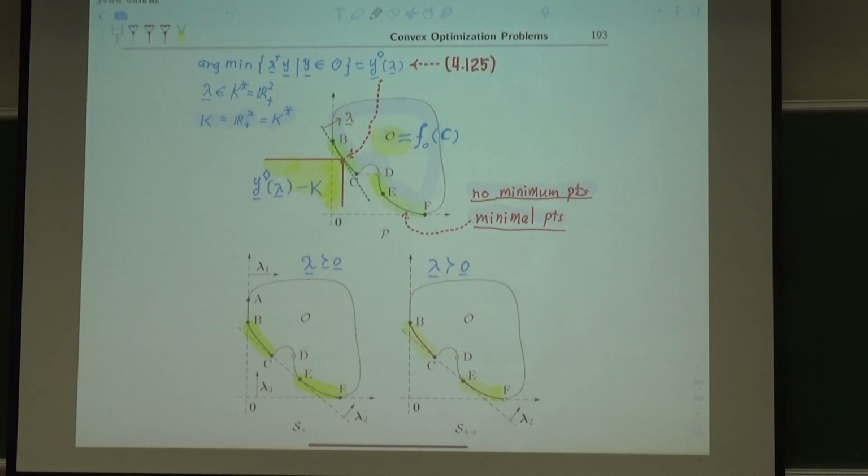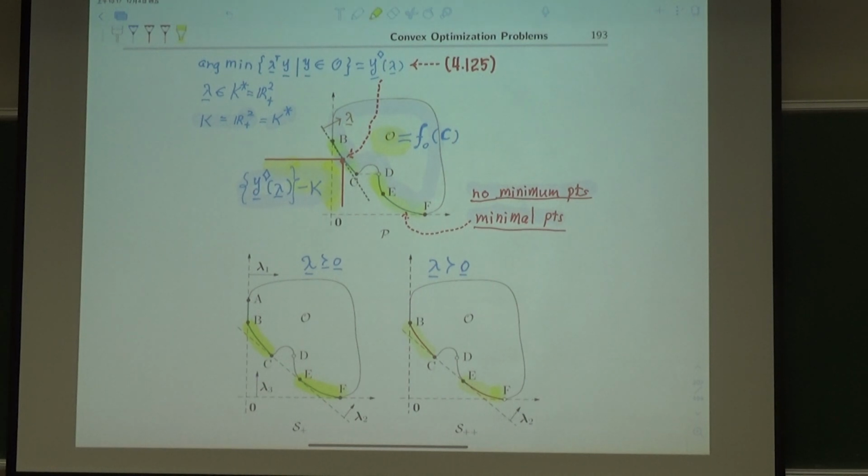Suppose this is a minimal point. Then this point set minus K lies in this yellow region.